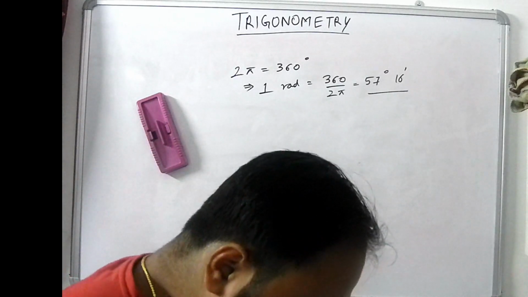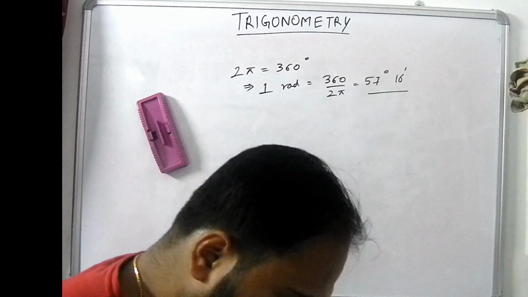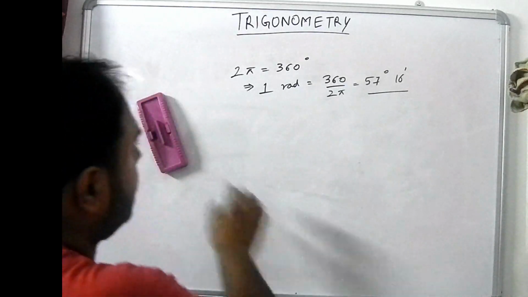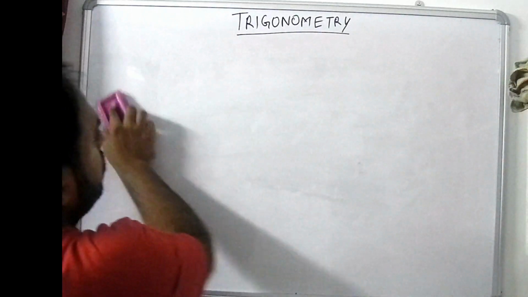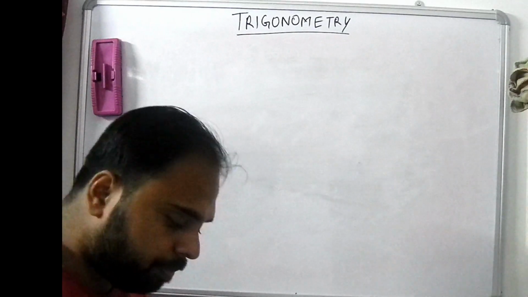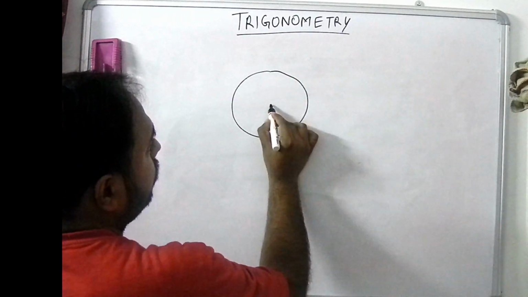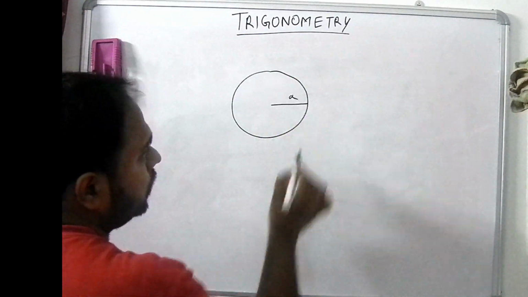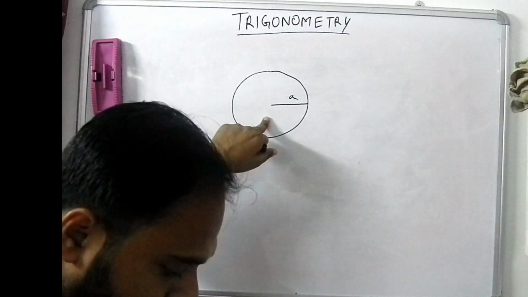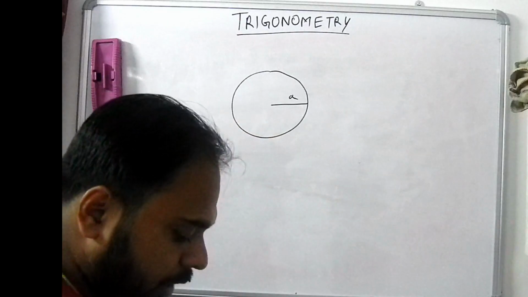Now, conventionally, let's take a few examples. The question goes this way: find the radius of the circle, in which a central angle of 60 degrees intercepts an arc of 37.4.